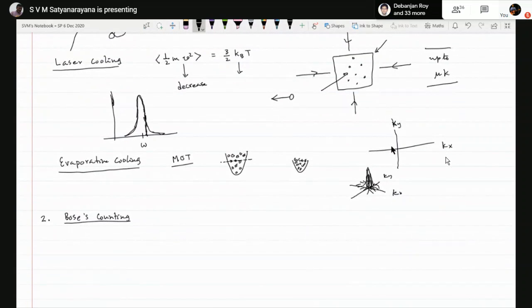Suppose we have n particles in m states. We have n particles and m states, and we ask for the number of ways in which these can be arranged, the number of arrangements.